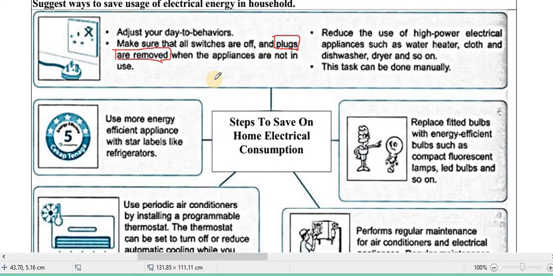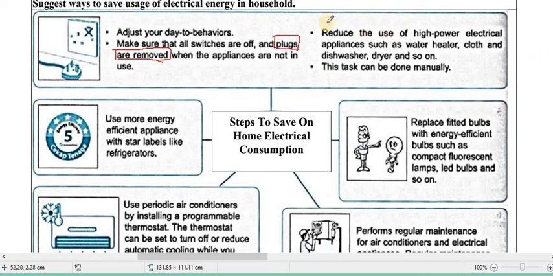A lot of books still write this kind of thing. Even if you go on YouTube, you see a lot of people still sharing tips on how to save electrical energy, saying you must pull out the plug. This is totally illogical. If you turn off the switch, there's no more current.